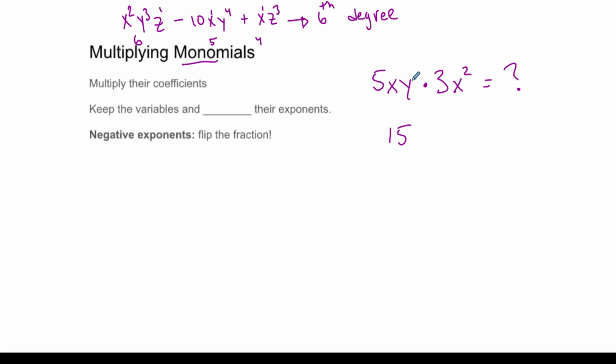Now, instead of thinking of any rules yet, I'm going to write out here's x, y, and then x squared. I know x squared I can write as x times x, right? And when I multiply, I'm allowed to change the order in which I multiply things. So let's put all these x's together.